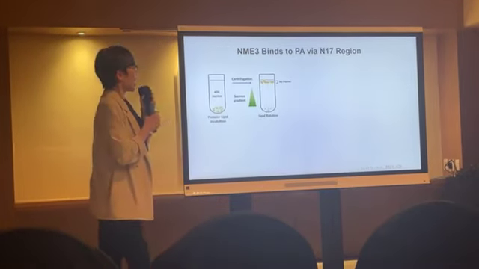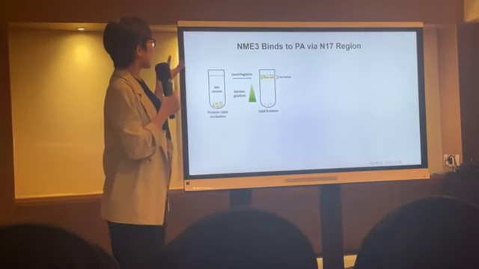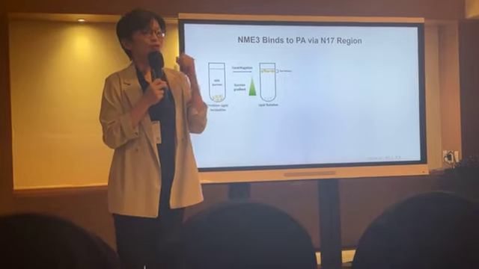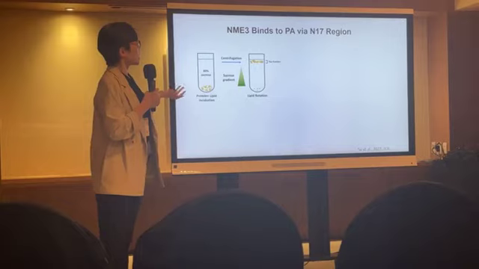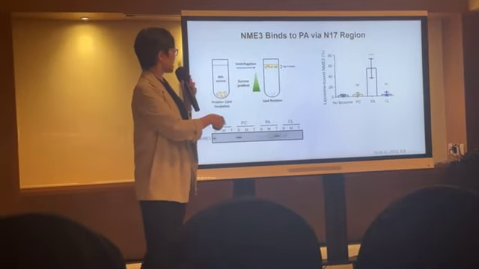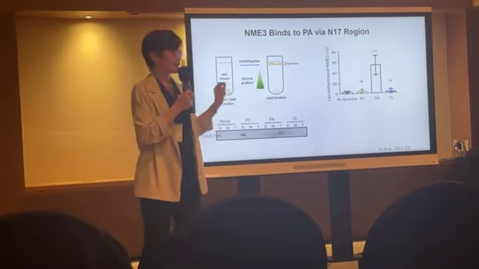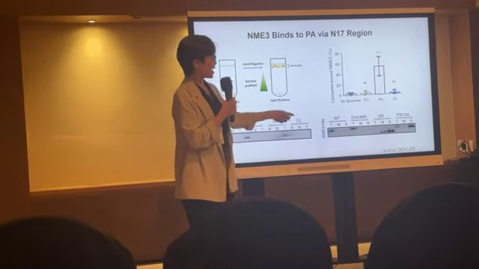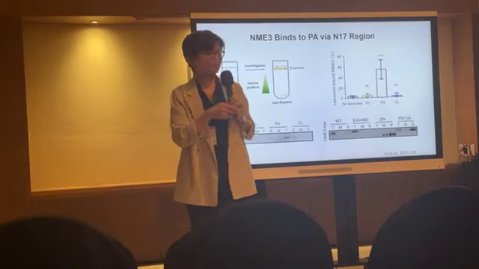With that, we speculated whether NMD3 can bind directly to lipids, especially phosphatidic acid, through its N-terminal amino acids. So we used a liposome binding assay, and long story short, we found that indeed full-length NMD3 can bind directly to phosphatidic acid-containing liposomes in an N-terminus-specific and amphipathic helix formation-dependent manner.